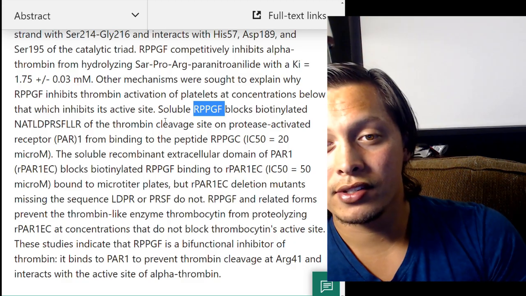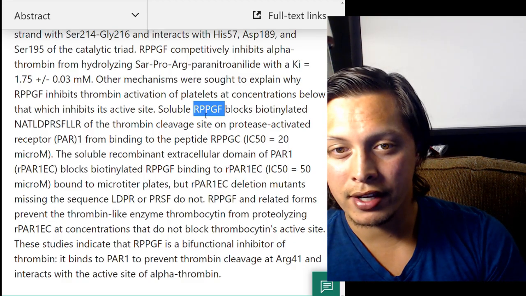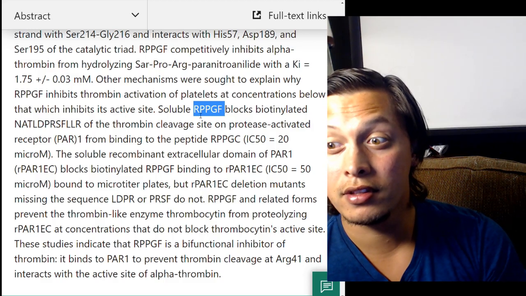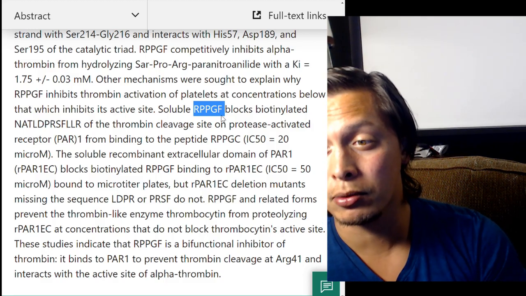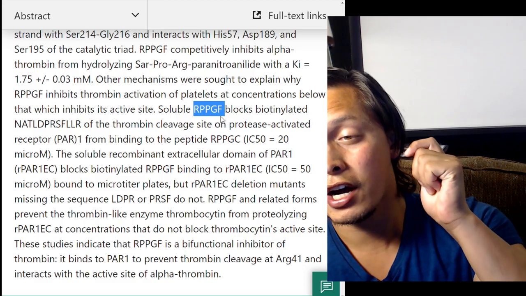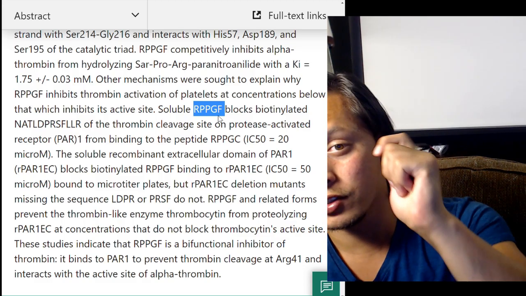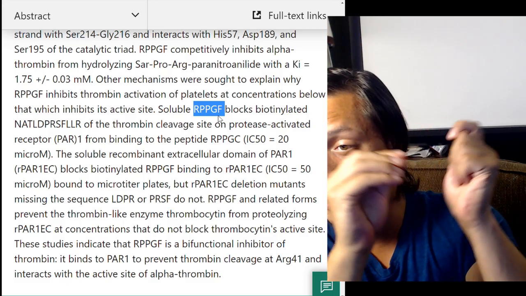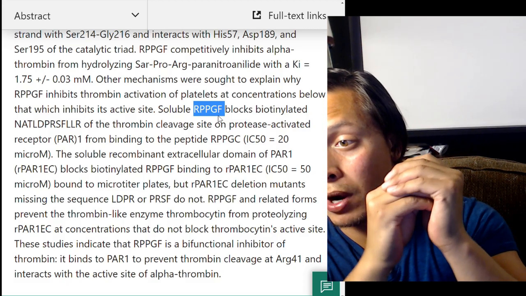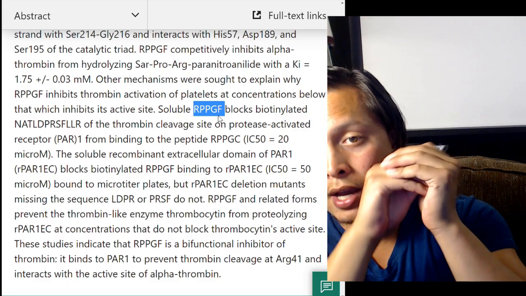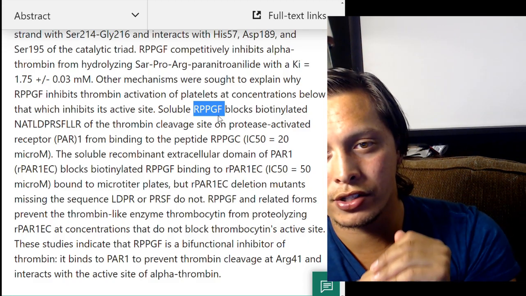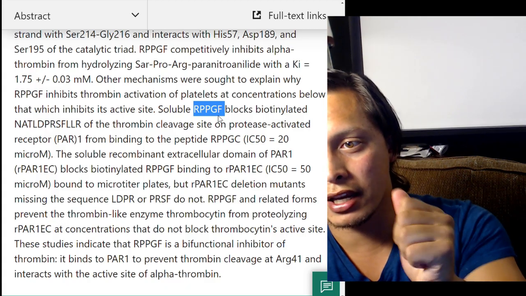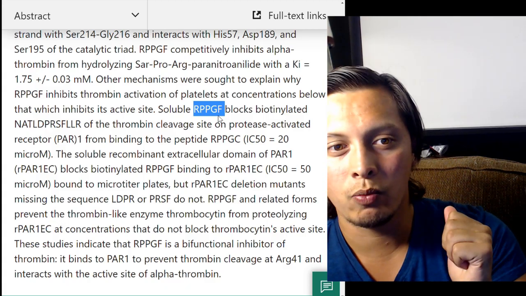And what they're saying is, at very low concentrations of this, at this RPPGF, you were still able to do a lot of inhibition of the thrombin activity. So here you have the thrombin and you have the RPPGFs, and a lot of times you use the RPPGFs to inhibit the thrombin by binding with it directly. But they said that at lower concentrations than necessary, or than what you would expect, it was still blocking a lot of thrombin activity. So what could cause that?